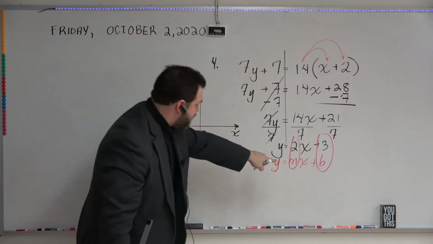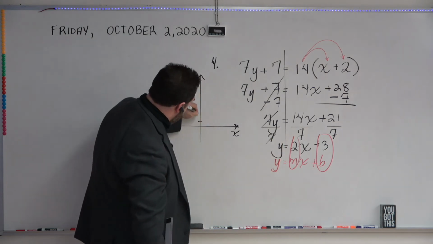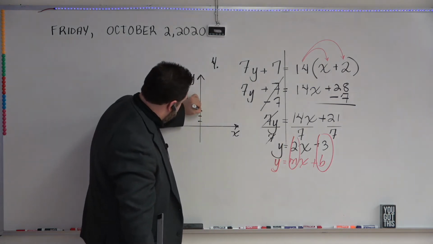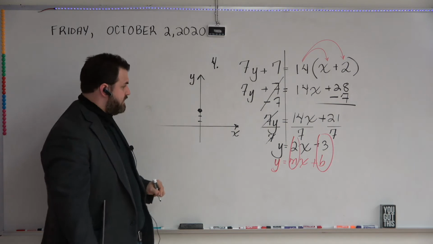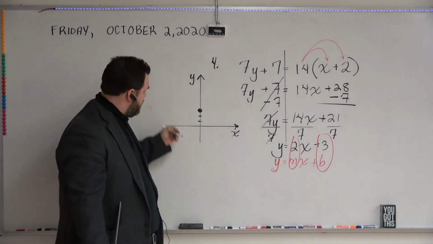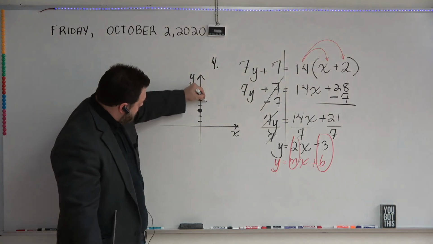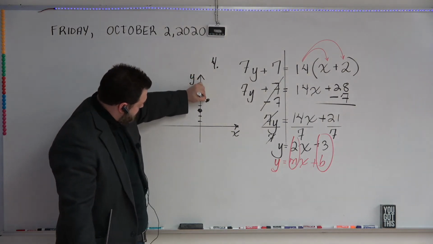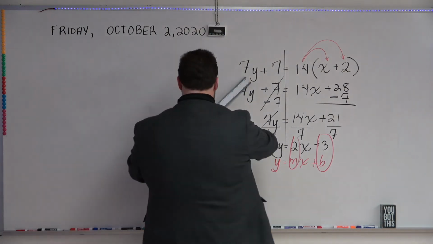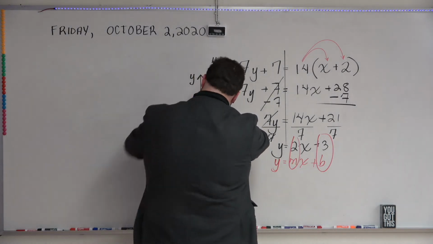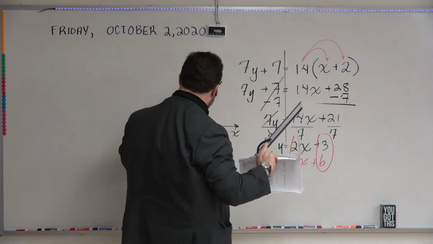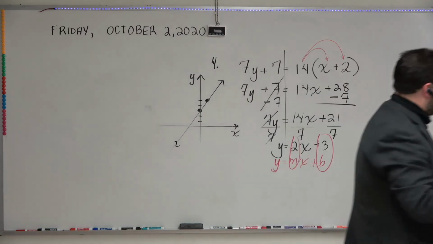So we're just going to start here at 3. 1, 2, 3. Dot. Now what do we do? Yeah, so I go up 2 and then over 1 right there. And that's what the line kind of looks like. Draw a line, put arrowheads, and we're done.